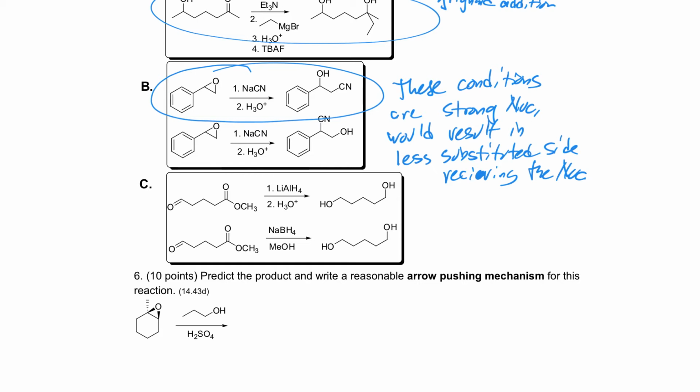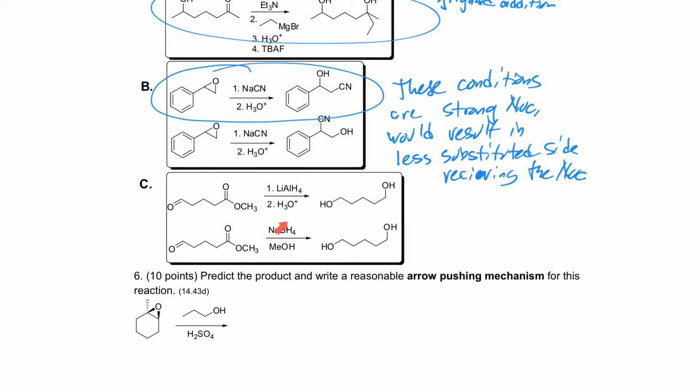All right, C has an aldehyde and ester molecule, and we either treat them with lithium aluminum hydride followed by acid workup, or sodium borohydride in methanol to get this diol. And the difference here then, of course, is these reducing agents. Sodium borohydride will not reduce esters, so it will not produce this primary alcohol on the right side.